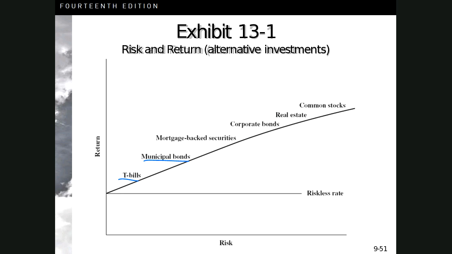Mortgage-backed securities, a lot of them are lower risk compared to corporate bonds. And then we come right here at real estate. Real estate, traditionally, we say it's longer term, it doesn't provide as much return and risk compared to common stocks, but it is still a pretty good alternative.